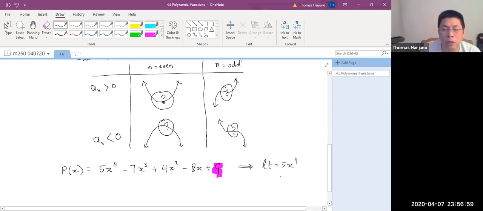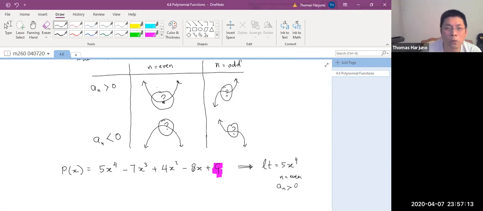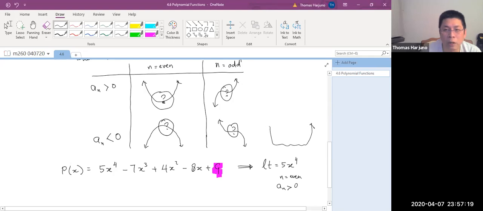Okay, so the degree is even, and the leading coefficient is positive, right? So when we graph that later on, the shape will be approximately like this. Something happens in between, but very far to the left, it will be going to positive infinity. Very far to the right, it will be going to positive infinity also. Now, if we have a chance, we'll graph that later on. That's how to apply the leading coefficient.